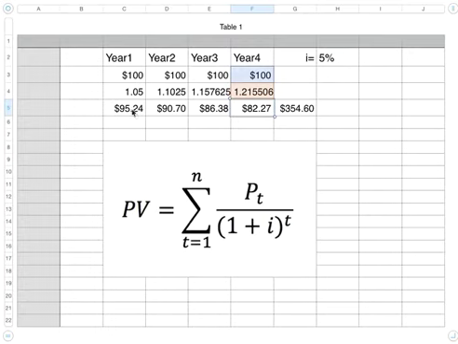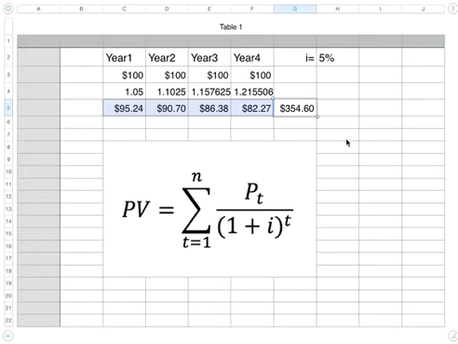If we take a look at all the payments that we're receiving here, if we add all of those payments up, that gives us the present value of that payment stream. So that present value of a payment of $100 a year from now, $100 2 years from now, $100 3 years from now, $100 4 years from now, at a 5% interest rate, the present value of that payment stream is $354.60.